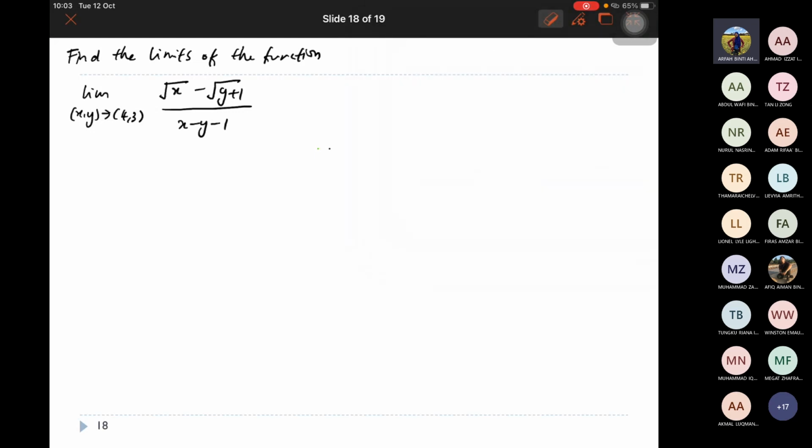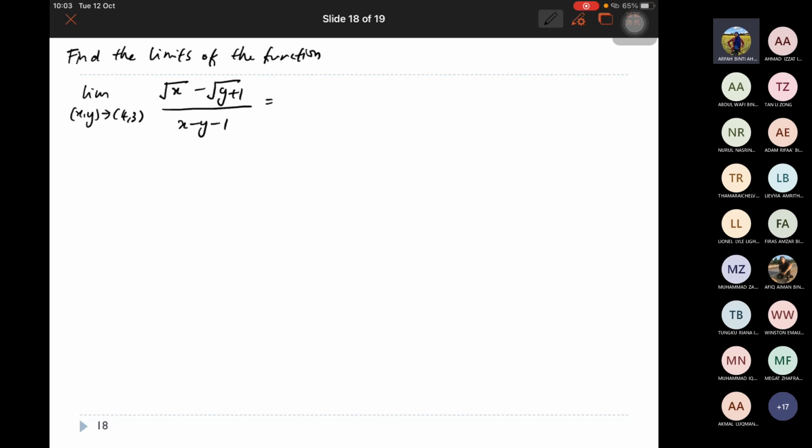Daripada sini, macam mana kita nak buat? Sebab dia ada square root dua-dua dekat atas, tak boleh nak teruskan sahaja. So kita kena hapuskan square root seperti mana yang you have learned in engineering mathematics 1.